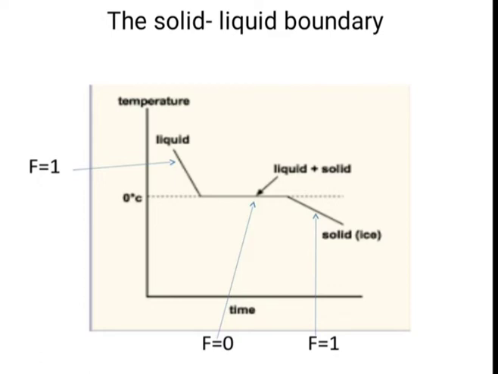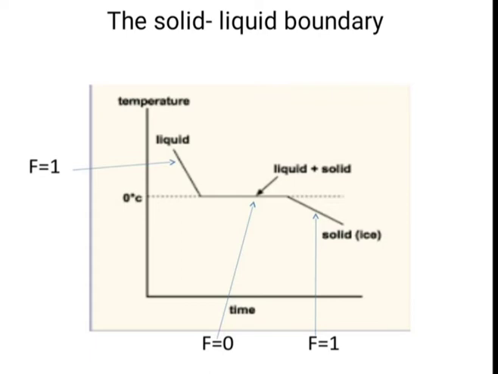So, consider the diagram, here is the temperature and here is the time. Initially, at a higher temperature greater than 0 degree Celsius, the water is in the form of liquid. When we decrease the temperature, the liquid is cooling down, and due to that it will be converted into liquid plus solid, a mixture.